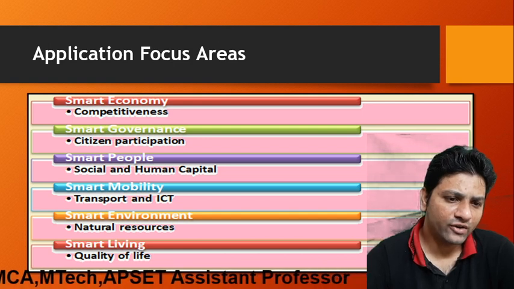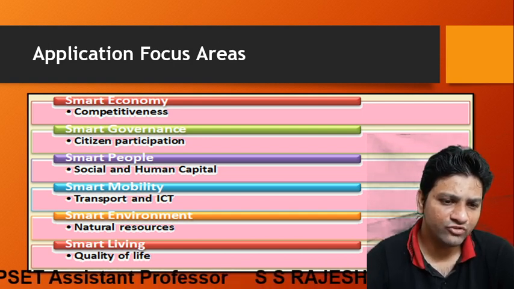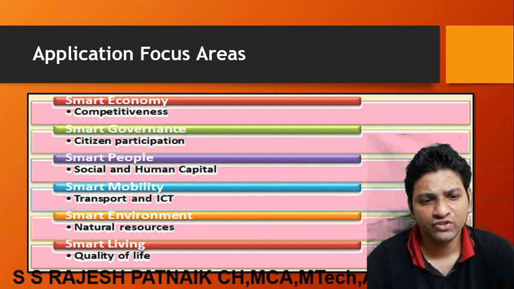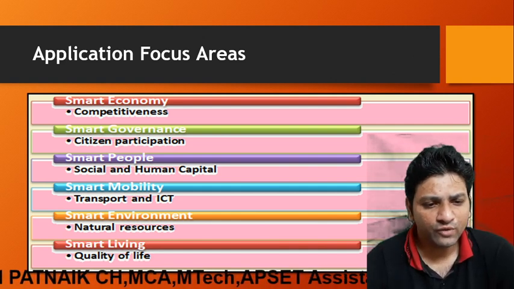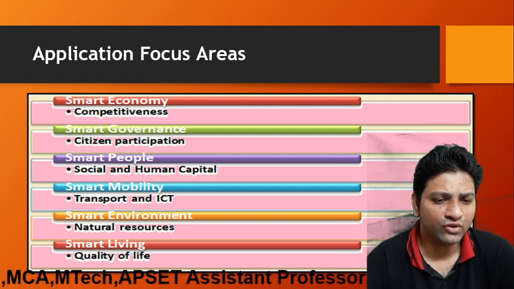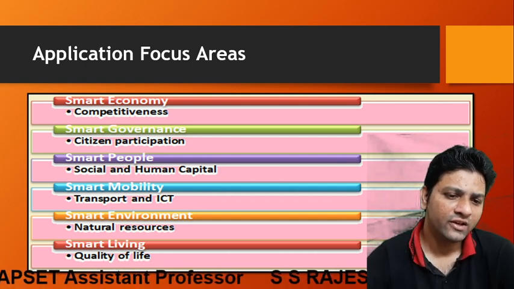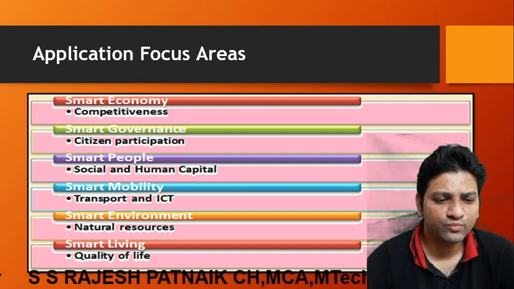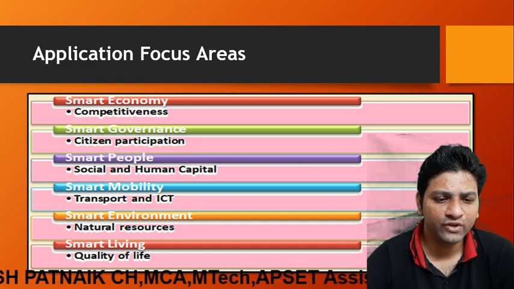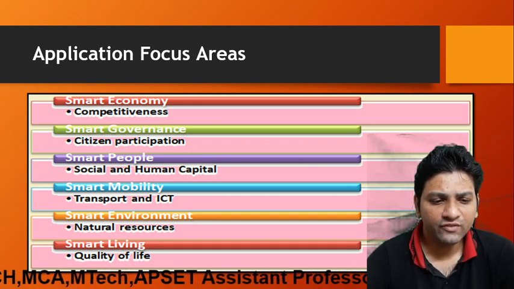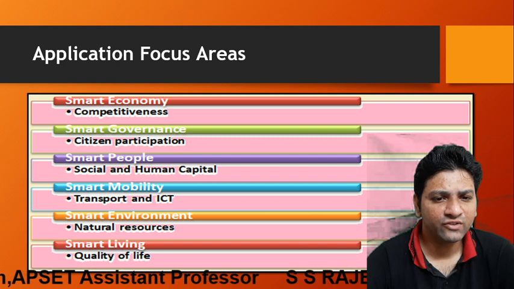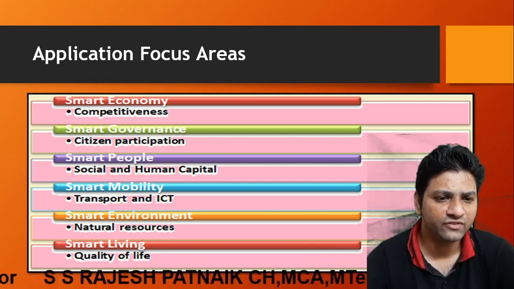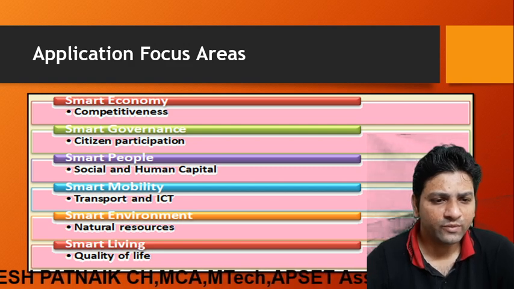Smart economy, which leads to competitiveness; smart governance, which leads to citizen participation; smart people, which leads to social and human capital; smart mobility, meaning transport and ICT tools; smart environment, which leads to natural resources; and smart living, quality of life. These are all the focus areas of smart city applications. So let us discuss them one by one.